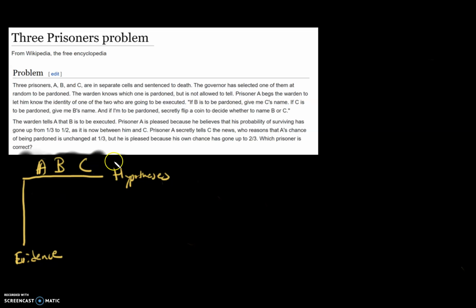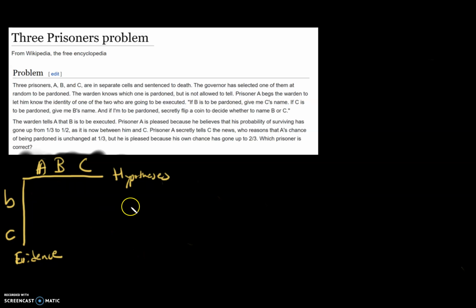This is before we know what the warden has told us. What's the evidence? Based off of how A phrased his statements, we could have been told that B will be executed, and this is actually what we're told. Or we could have been told that C would be executed. Notice that these are lowercase to distinguish the evidence from the hypotheses.